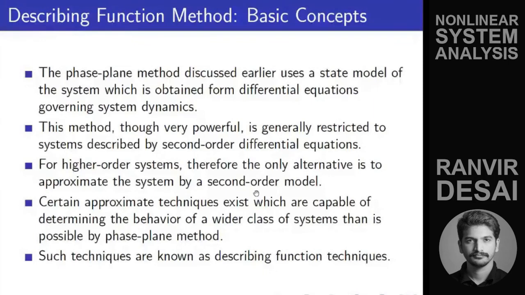And there is one more method, the describing function method. See, there are some limitations with the phase plane method. So this is an alternate way of handling the nonlinearities. In this, you basically try to convert the nonlinear part of that mathematical equation into a different function.